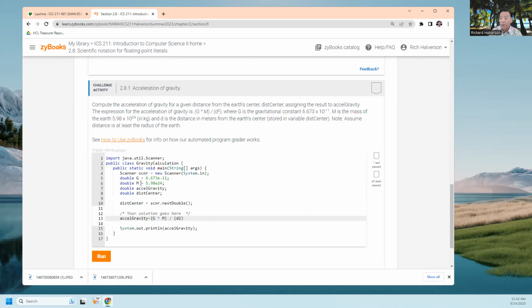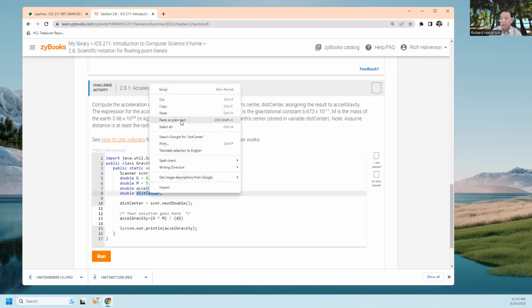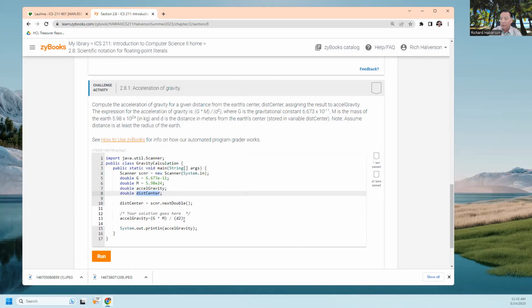M is this, divided by D squared. D is the distance. It's distance times distance, right? That's distance squared.